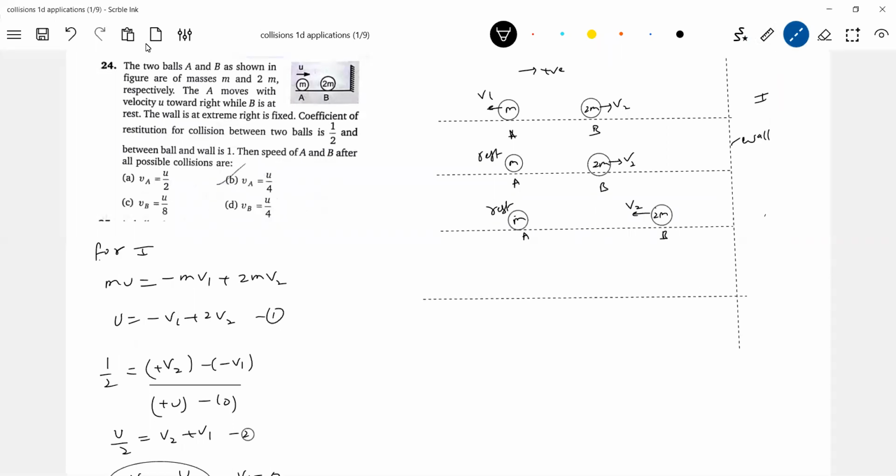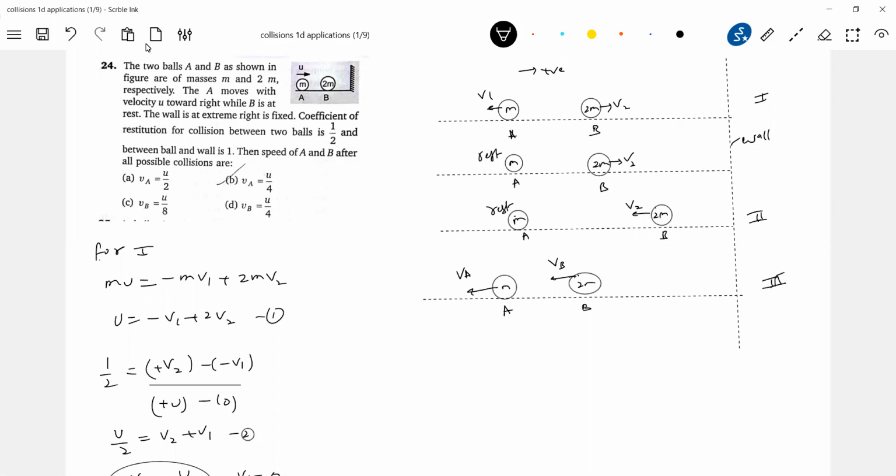So it should be after collision. This is 2m. Let the velocity of this be VA, let this be VB. Apply now conservation of linear momentum for this second event, that is between the ball B and the wall.